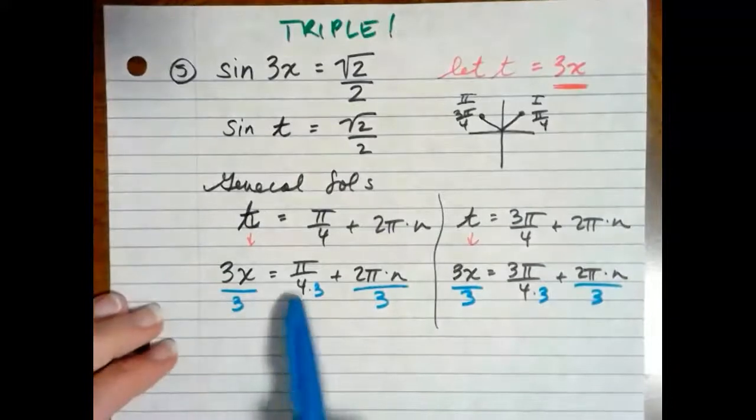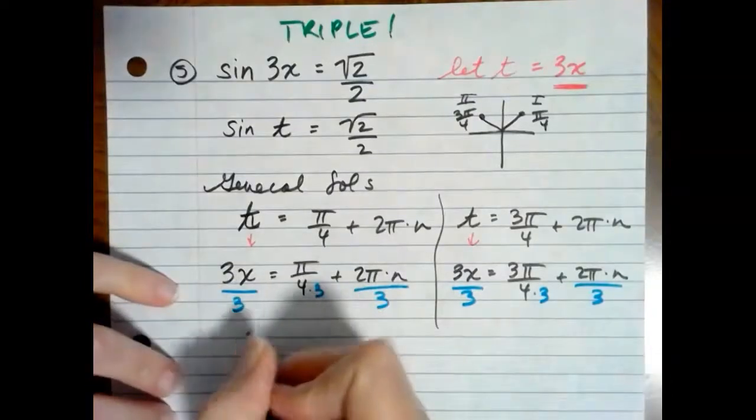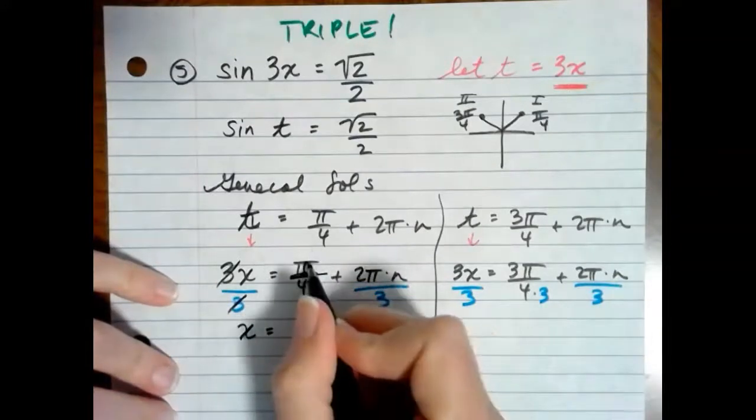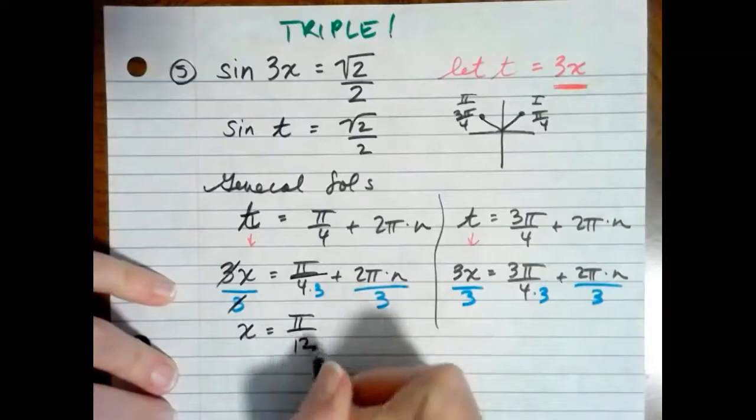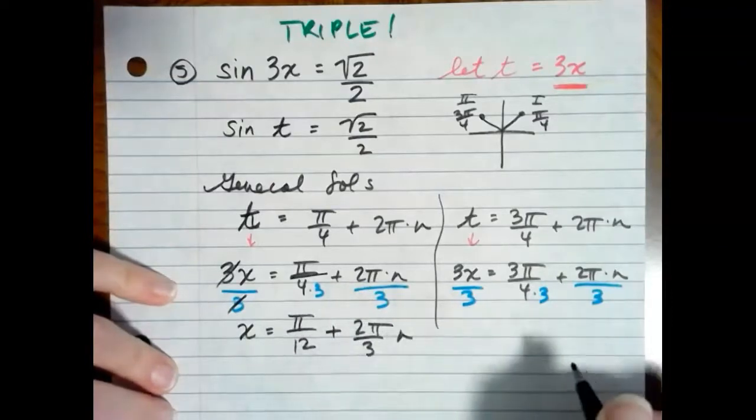So we're dividing each term in each of our general solutions by 3 to get our general solutions for x, not t. So 3's cancel, x equals pi over 12 plus 2/3 pi times n.